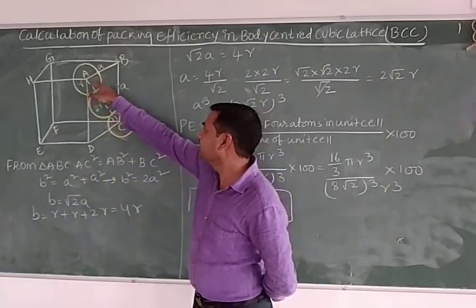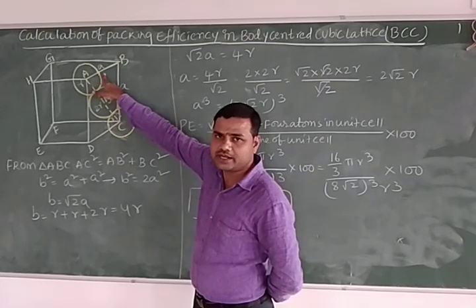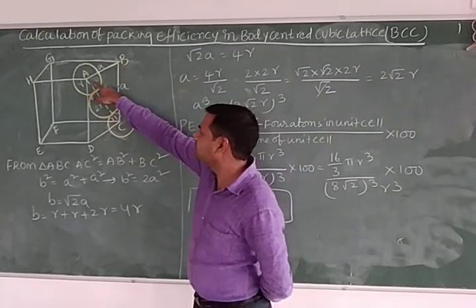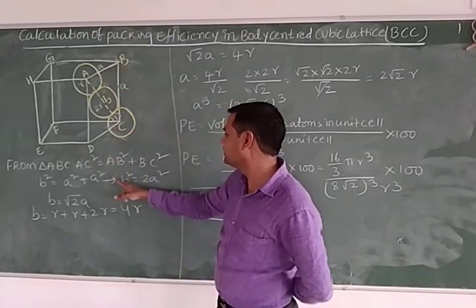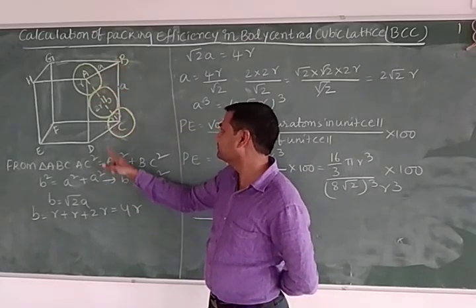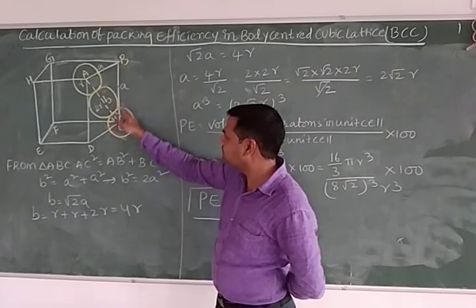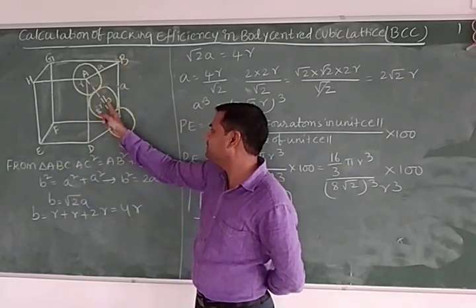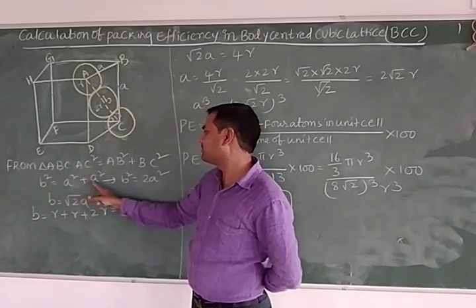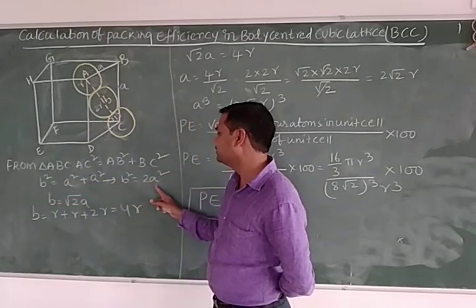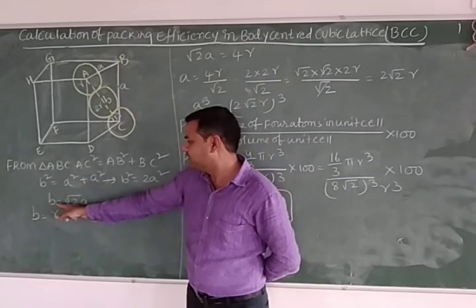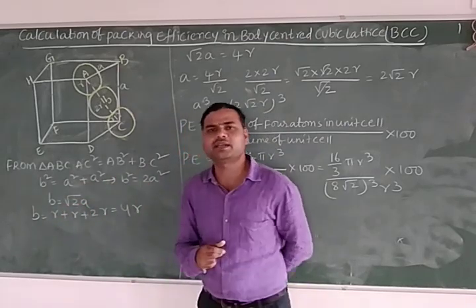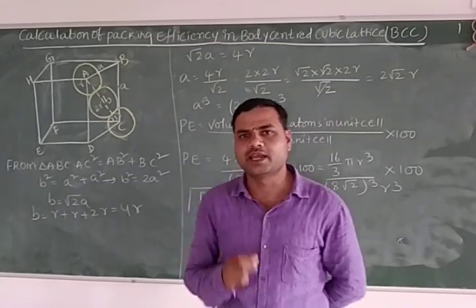AB value is a, BC value is also a. Therefore b square is equal to a square plus a square. b square is equal to 2a square. Or else b is equal to root 2 a.